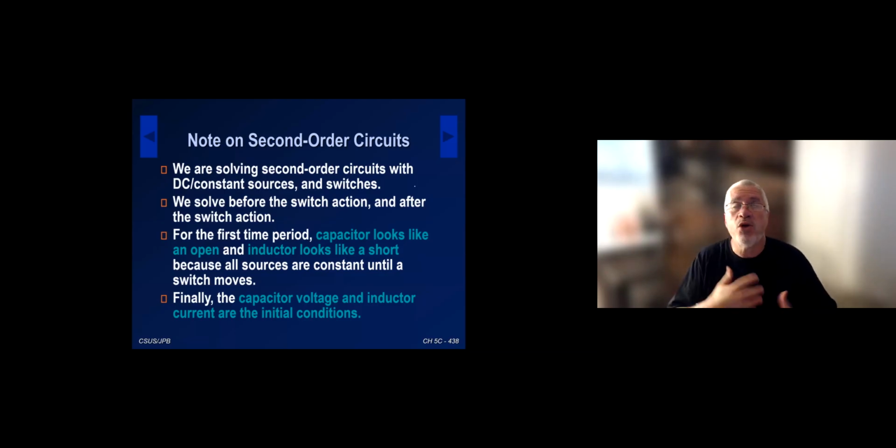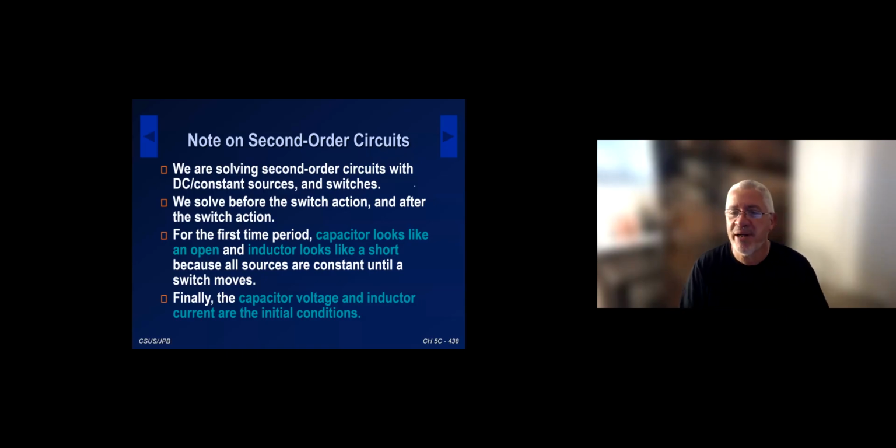As you know from first-order circuits, we solve these circuits before the switch moves, and we solve after the switch moves. So we usually have separate circuits. If you have one switch motion, you have two circuits, one before, one after. And that's typically what we do. In the first time period, because the circuit is a DC circuit, it has constant sources.